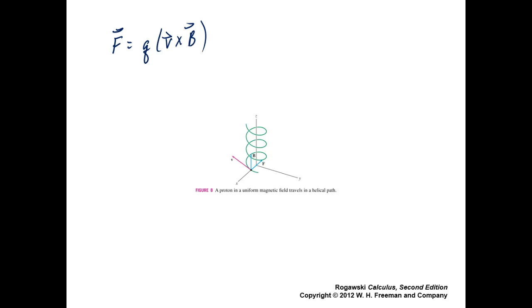Is F equal QV cross B in newtons, because force is measured in newtons, or capital N. Now, the Q, which is the charge on that proton, is your elementary charge, 1.6 times 10 to the minus 19 coulombs.